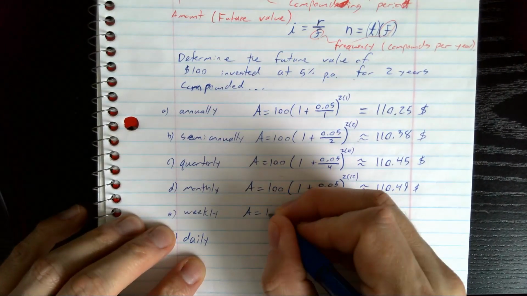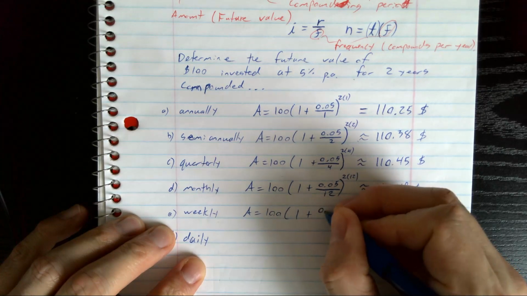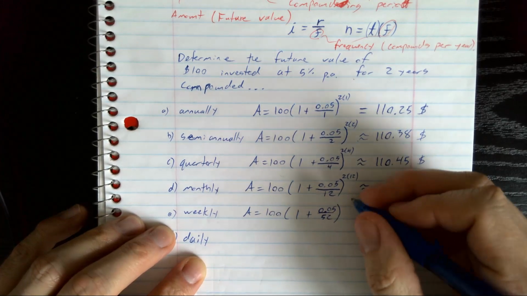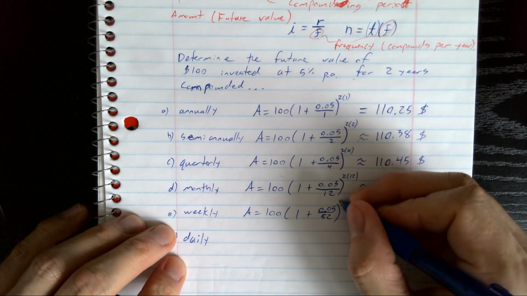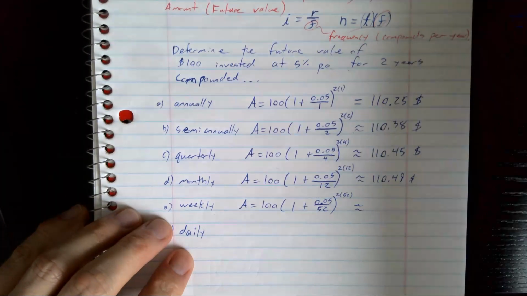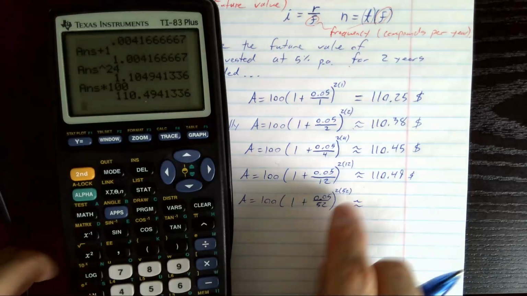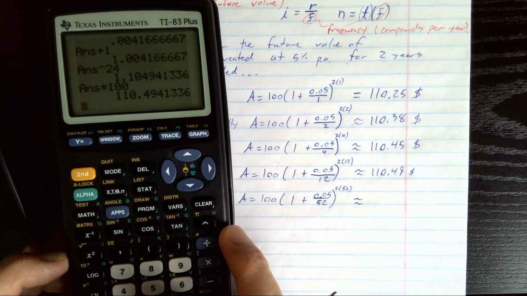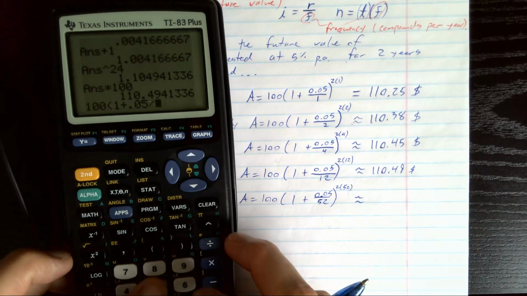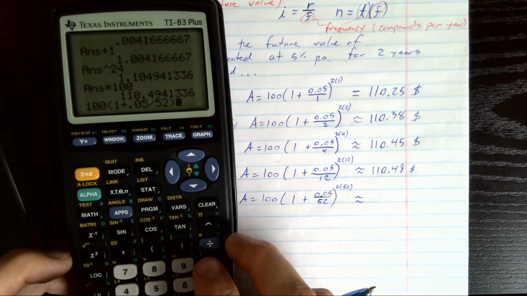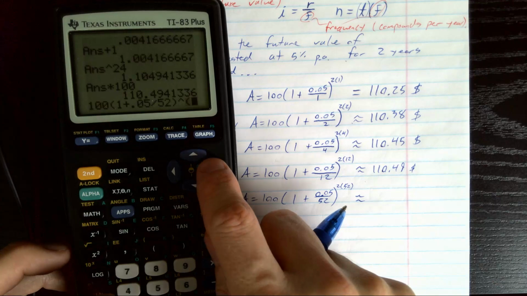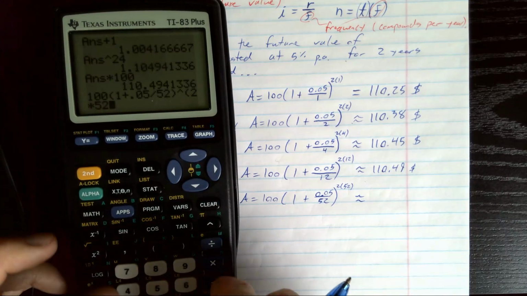Weekly, there we're using 52 weeks in a year. So I might actually want to try writing down some approximations here for you, to show you how your base is getting closer to 1, but your exponent is growing without bound. 100 bracket 1 plus 0.05 divided by 52 to the exponent, oops, that's times, to the exponent 2 times 52.